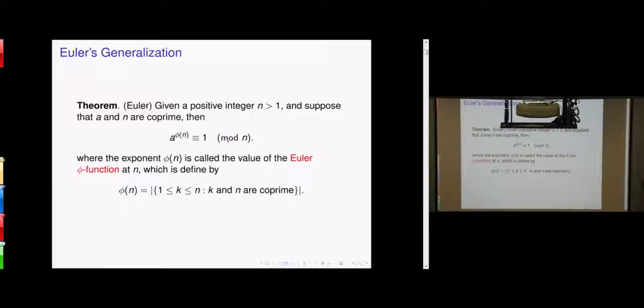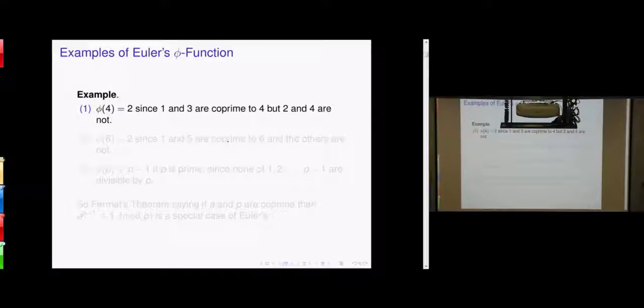You look at numbers from 1 to n, and then see how many numbers have GCD with n equal to 1. How many numbers are there which have no common factor with n? Then you count. The result is Euler's phi function. So let's look at some examples, right? So for example, phi of 4.